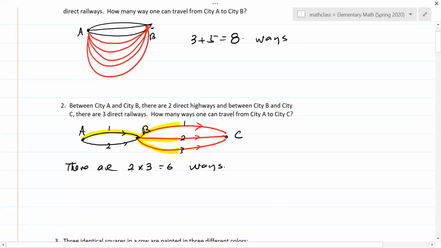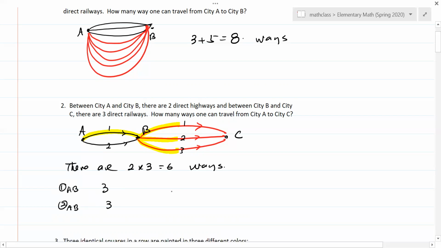Why is it 2 here? The reason is, for each highway from A to B, you have 3 choices. Once you fix the first road from A to B, you have 3 choices. If you fix the second road from A to B, you have 3 choices.